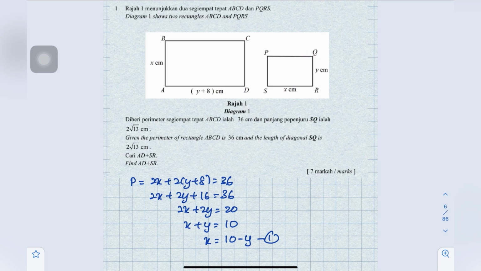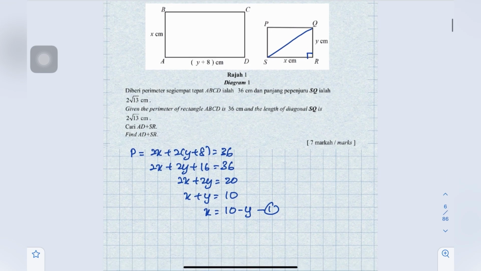Okay, so then the second information, diagonal SQ. So this is diagonal. Since it is a rectangle, we can use Pythagoras theorem. SQ squared equals to x squared plus y squared. So this one equals to 13.